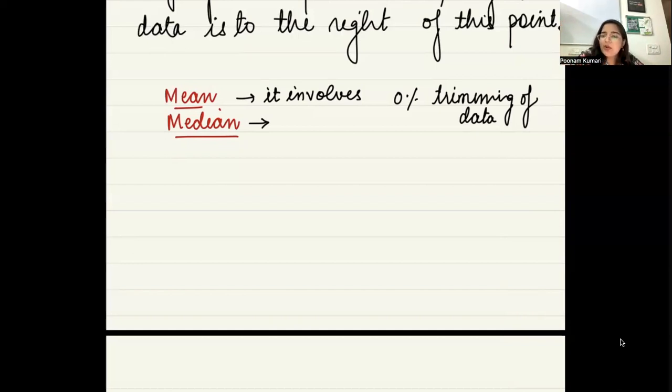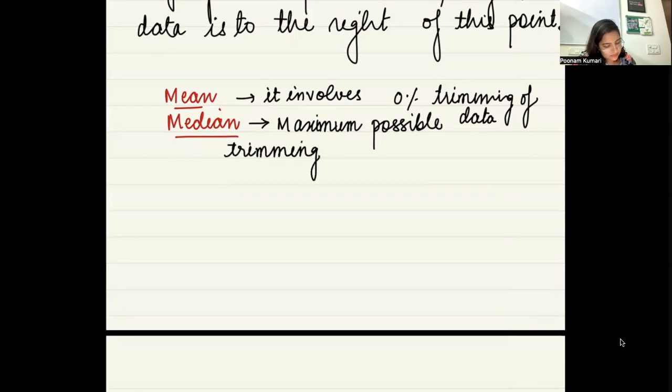So whenever we talk about median, there is maximum possible trimming of data that can be there. So no trimming here, 0% trimming here, maximum possible trimming here.